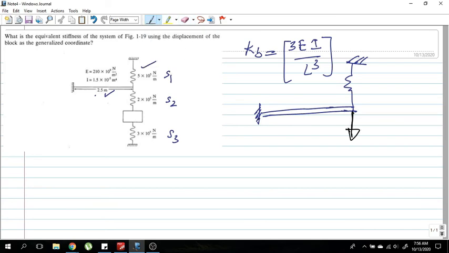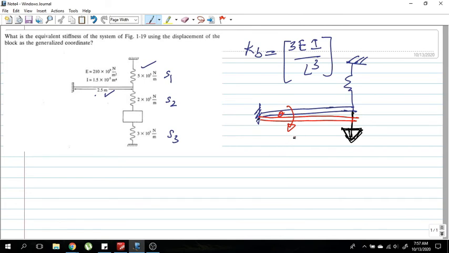Let's say a concentrated load is acting downwards at this free end. If the load is acting downwards, this beam would rotate like this. Let's say it is rotated by a very small angle theta.